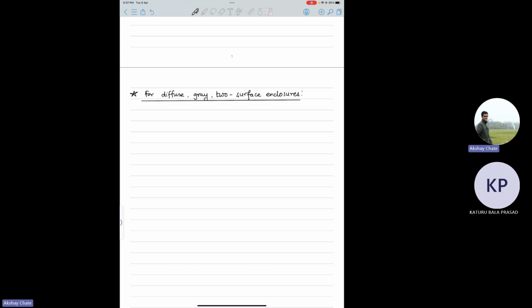I'm giving it for two surfaces because that is easy to start with, but it is not like it is only valid for two surfaces. When there are n surfaces, you can individually apply these formulas between any two surfaces.